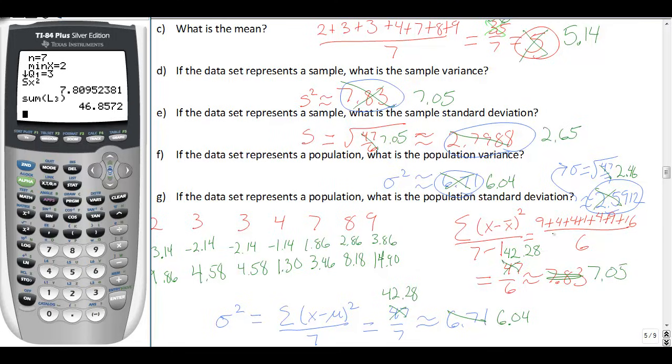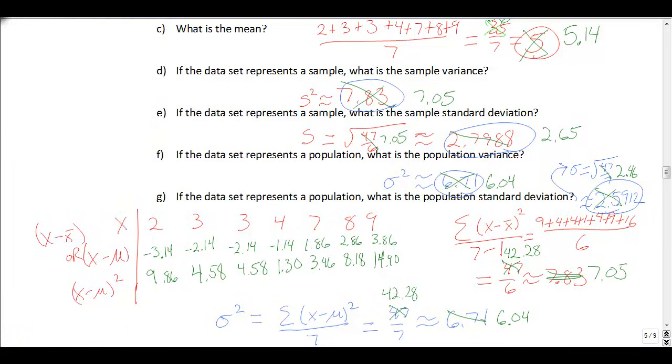So let's go through and recalculate that. 9.86 plus 4.58 plus 4.58 plus 1.3 plus 3.46 plus 8.18 plus 14.9, and that's going to give you a number like 46.86.